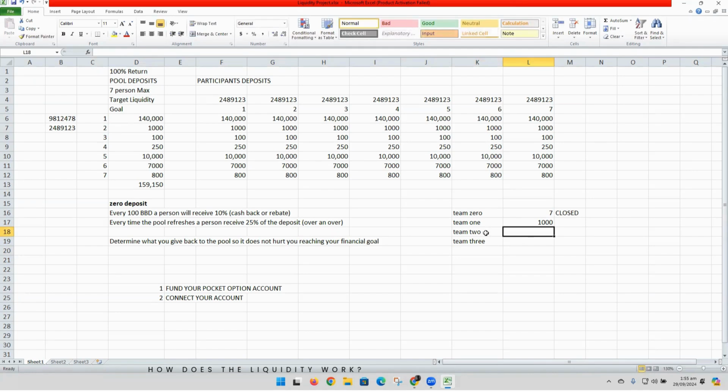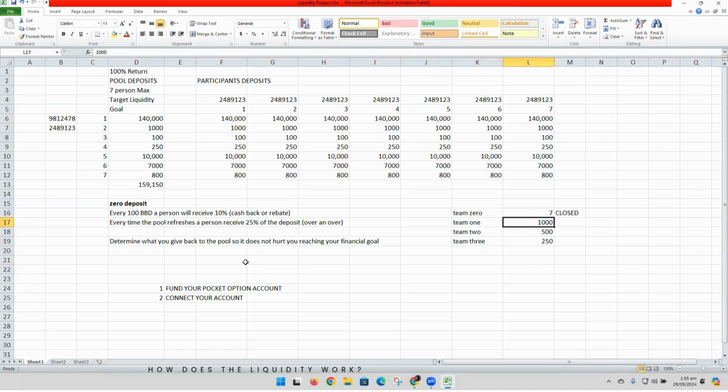For team two, the minimum deposit is 500 BBD, and team three is a minimum deposit of 250. Any person can deposit more than these values. So if a person wants to put in $4,000, they don't have to go to team one. $4,000 is more than 250. Once your deposit is more than $1,000, you can choose which team you want to go in.